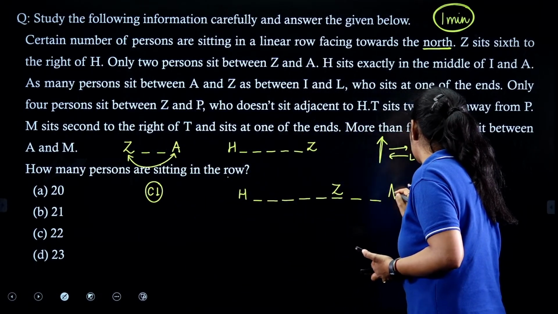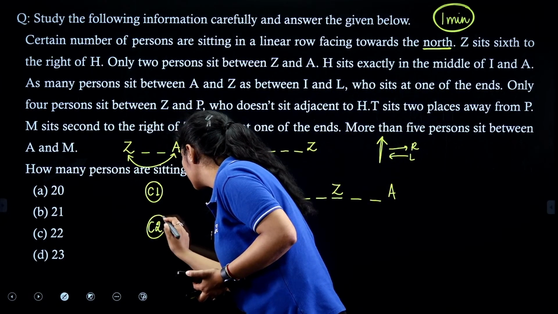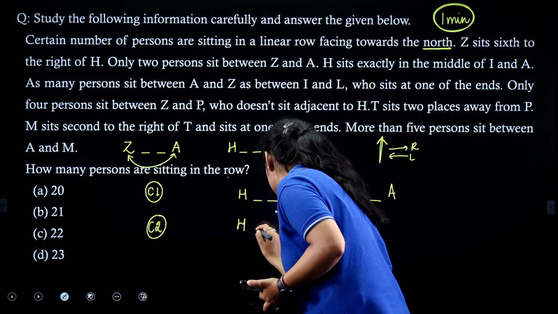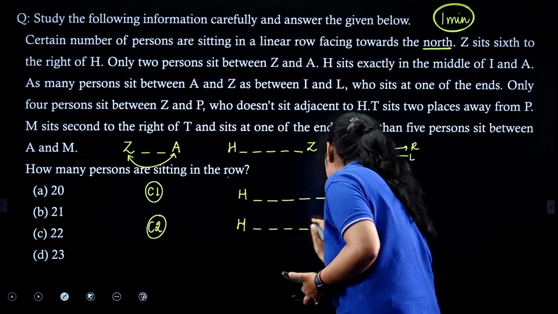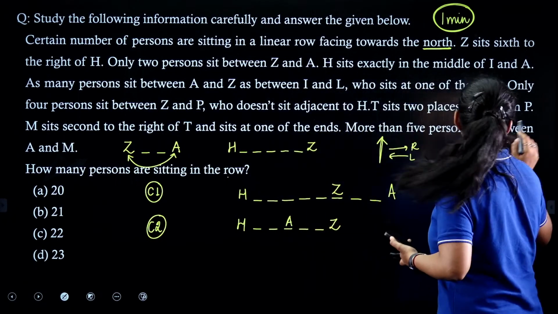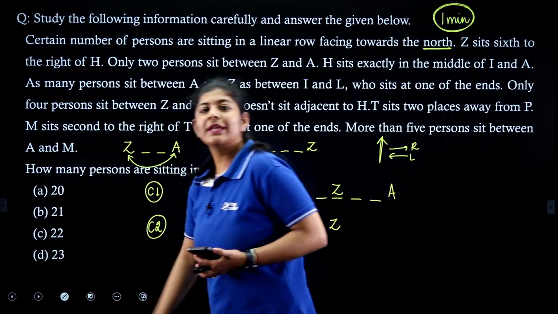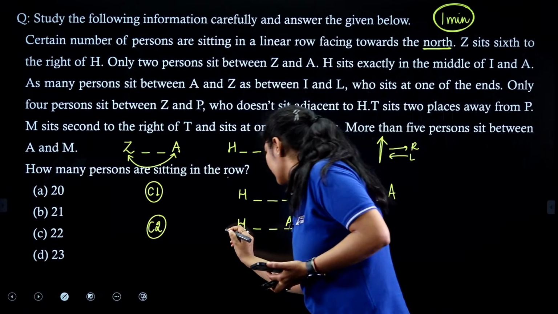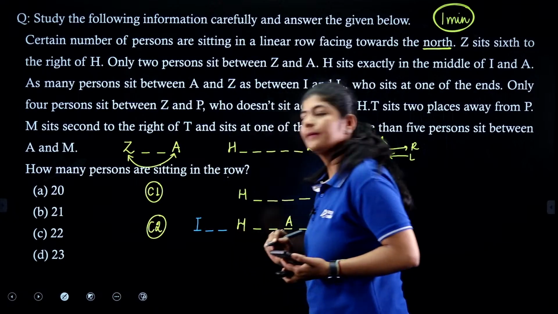Right? And in case 2, what we will do? We are having Z over here and here we are having A, right? Now the question is saying that H will lie exactly in between I and A. So in this case we'll just draw two lines over here and we will put I over here, right?